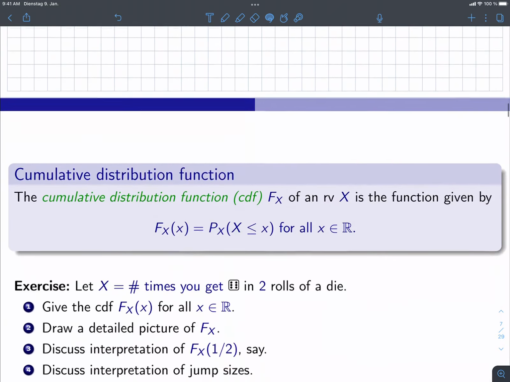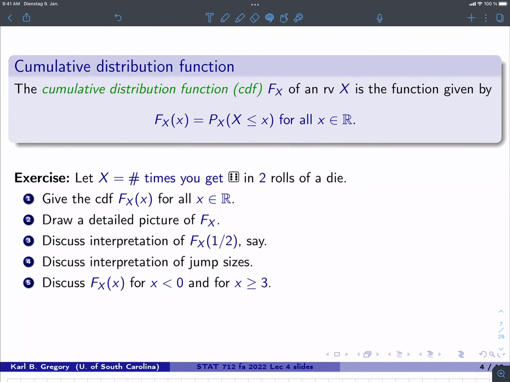All right, good. So an important function associated with any random variable is what we call the cumulative distribution function, abbreviated CDF. The cumulative distribution function of a random variable, and I'm going to often write RV for random variable, we're going to denote it by capital F_X, of a random variable X, is the function given by this.